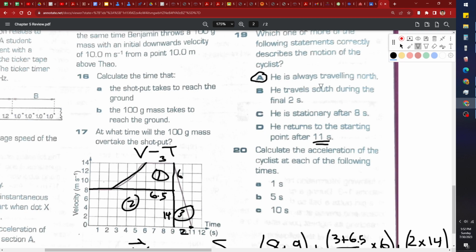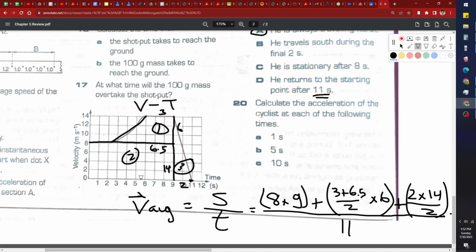He travels south during the final 2 seconds. This is the 9 and 11. His velocity is not traveling south. His velocity is reducing, yes, but that means his acceleration is negative, not his velocity, okay? Negative velocity means he would be down here somewhere under the zero line.